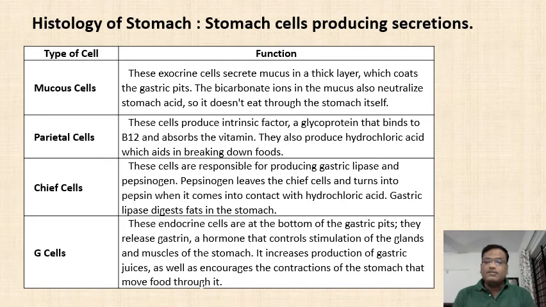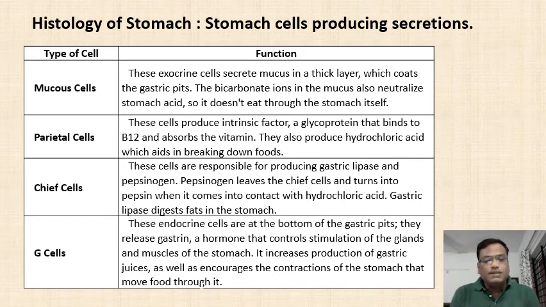And hydrochloric acid also has another function. It is going to loosen the fibrous food we consume. So hydrochloric acid will act on the fibrous food we eat, and it makes the digestion of that fibrous food easy in the intestinal part.